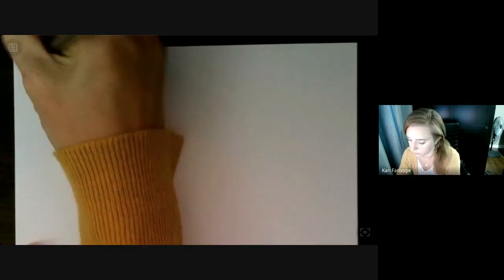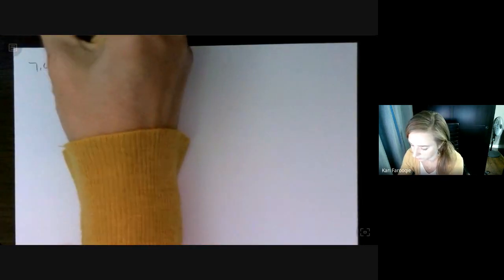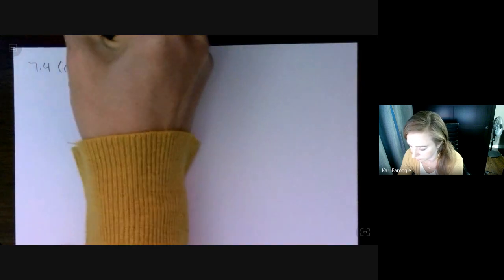All right, so in 7.4, I left off asynchronously with you guys after example 3. I said I had 3 more examples I was going to finish with you today, so I'm going to start out doing that. This is 7.4 continued.